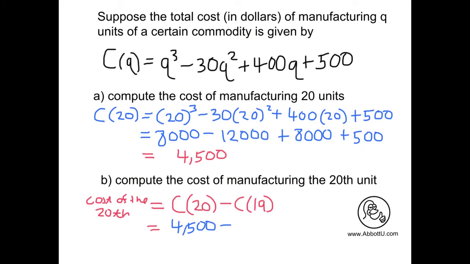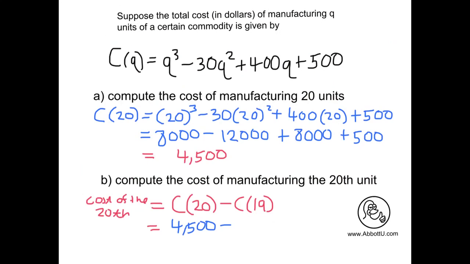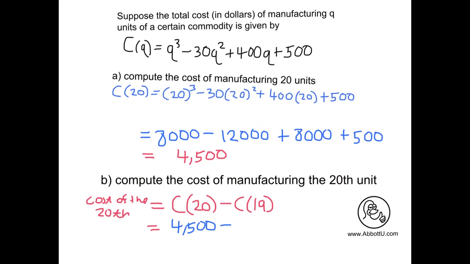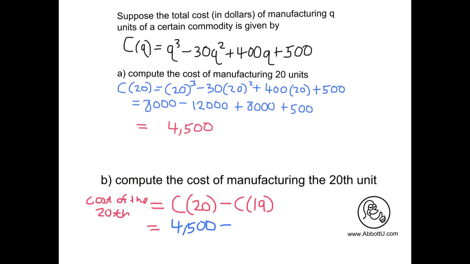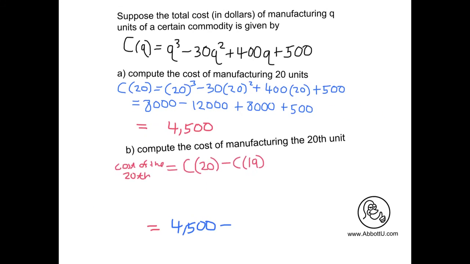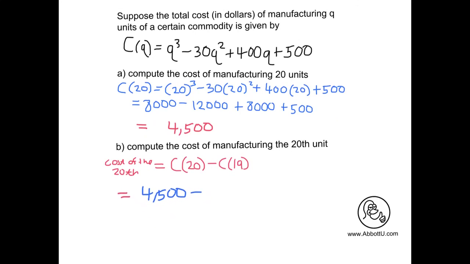Paul, I'm pretty sure you could do this yourself, but just in the name of being thorough, I'm going to do it. Let's see. This is where we are right now. And you know what?